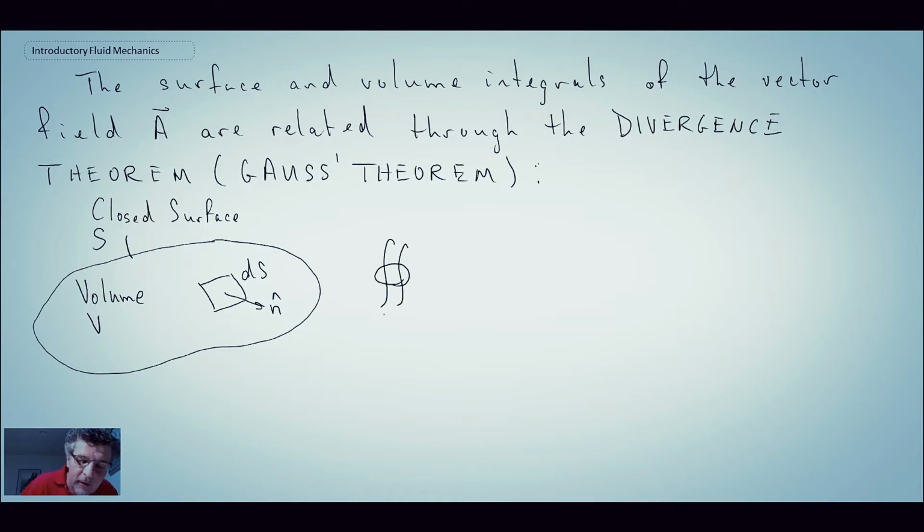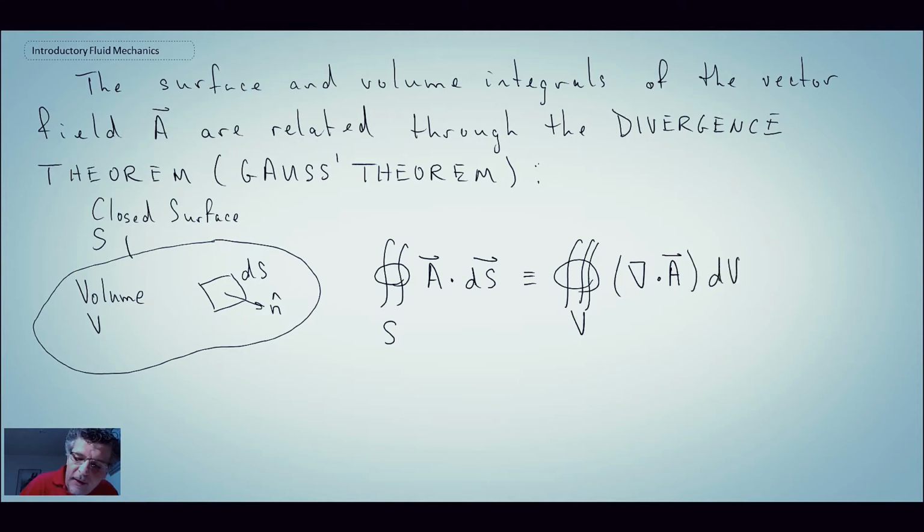But through Gauss's theorem or the divergence theorem, what we can write on the left-hand side, we're going to have a closed integral over the surface. And in this case, we're going to do the dot product. And that is equivalent on the right-hand side to a volume integral. And the volume integral is going to be del dot A multiplied then by the differential volume element that we might be looking at within that volume.